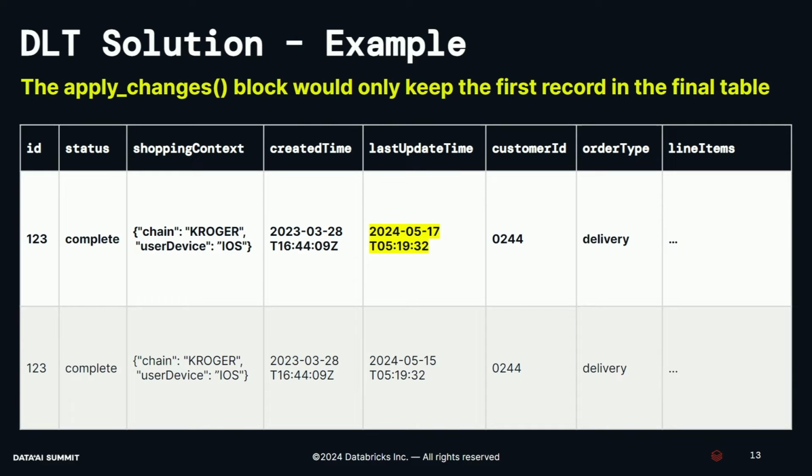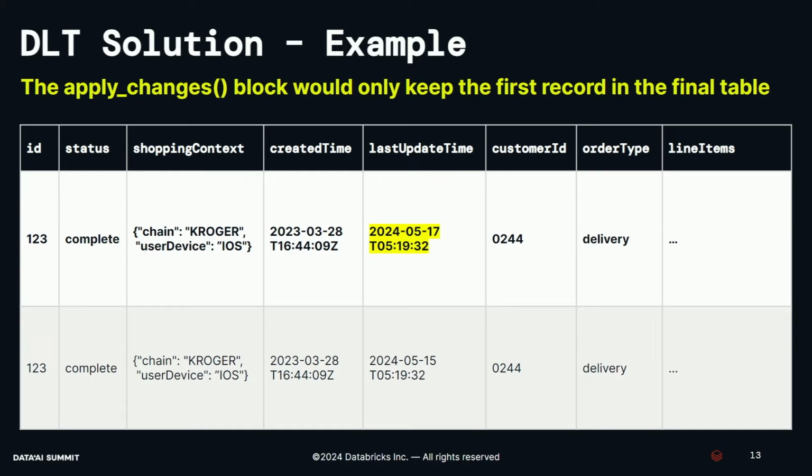So to show an example on that previous sample data of how this apply changes block might behave, if we got these two records, they have the same order ID, essentially all of the same information in this case. Perhaps there was an item swap and the user decided to use a different item in their final order. We would have apply changes pick the first record to persist.